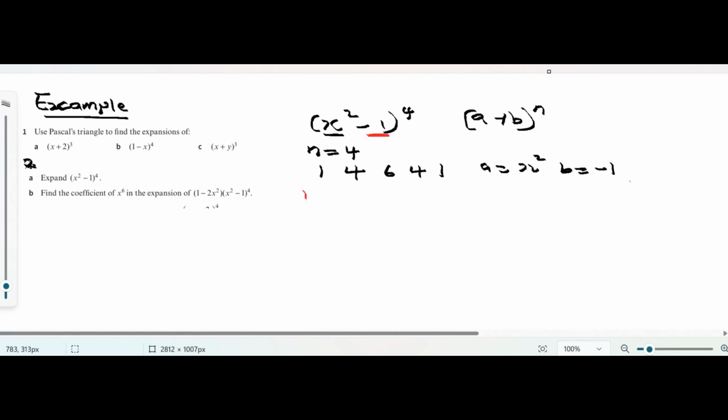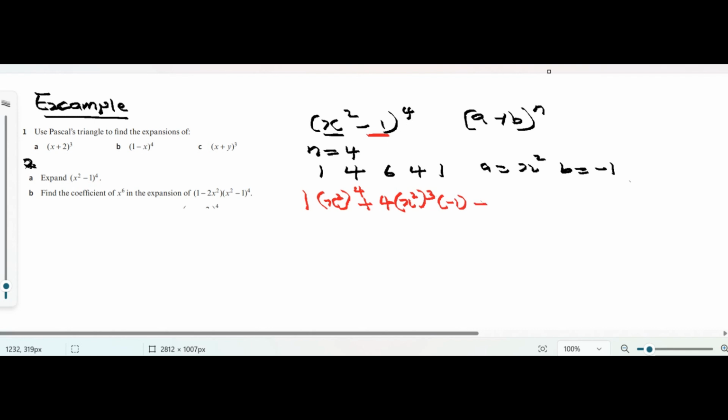So I have 1, my a, which is x squared, to power 4, plus the second coefficient 4, my a, which is x squared, then the power is reducing now, raised to power 3, and my b raised to power 1. The sum of their powers should still be your n.